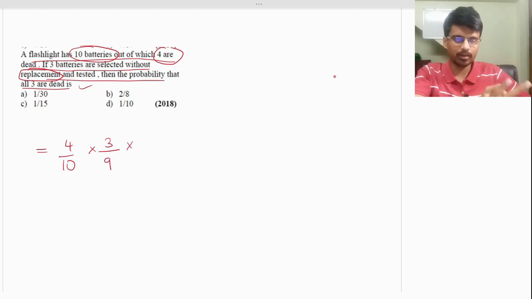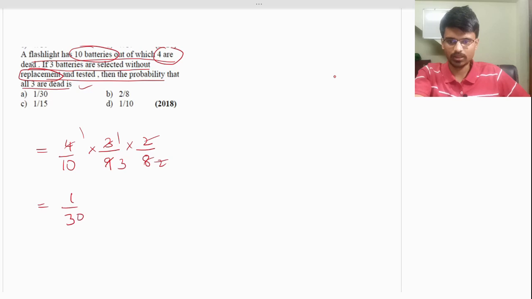I have picked up 2 defective batteries, so now I am left with 2 dead batteries out of 8 batteries. I have to just solve this: 3 ones are 3, 3 threes are 9, 4 ones are 4, 4 twos are 8, 2 gets cancelled, 1 by 30. So just by applying the multiplication rule of probability, we can solve this question. Moving on.